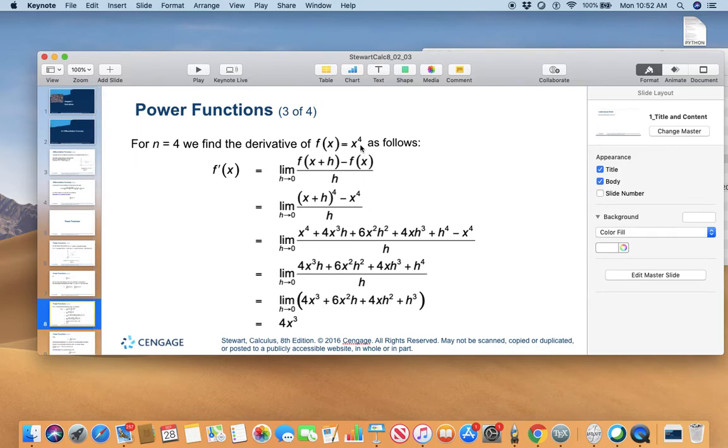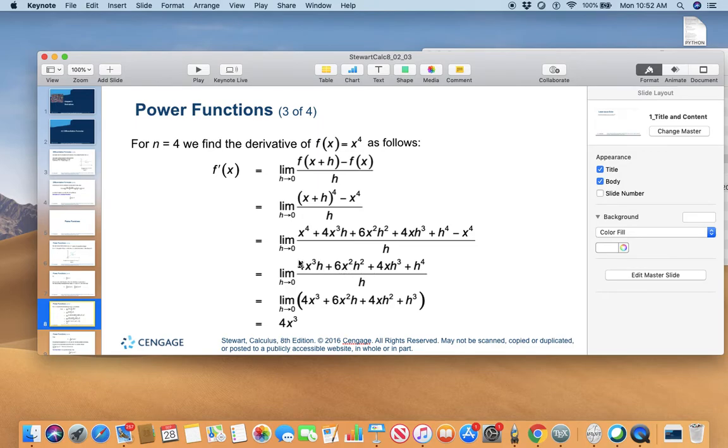For n equals 4, look at the derivative. (x plus h) to the power 4. The expansion is precisely x to the 4, 4x cubed h, 6x squared h squared, and so on. So x to the 4 cancels x to the 4. You are left with only h terms.